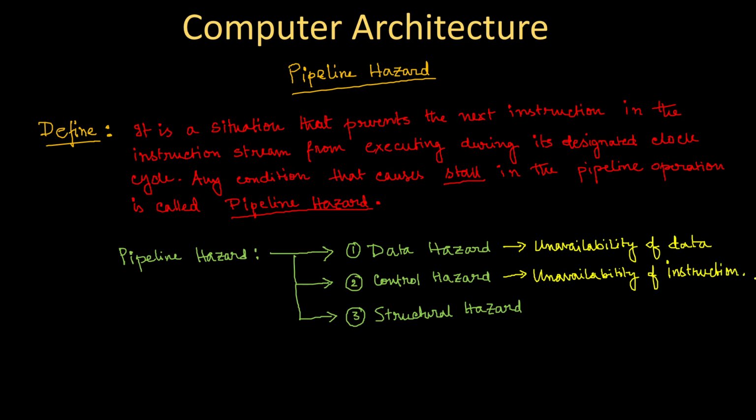Again the question comes: what does unavailability of instruction mean? One thing is sure, unavailability of data means data is not available, and unavailability of instruction means instruction is not available. What it means, we will go through one by one. I'm writing this as a point so that you can remember their difference.